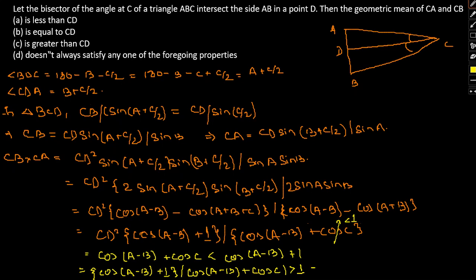Okay, which can be further written as root under CA into CB is greater than CD. Okay, we can write it that way, CA into CB is greater than CD.